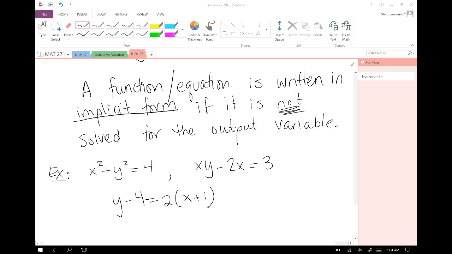Implicit differentiation is not simple. So once you see the process we're going to have to go through, usually one of your first options is if we can get it solved for y and avoid implicit differentiation, we want to do that. So something like point slope form, we would definitely want to add that 4 over and avoid implicit differentiation.